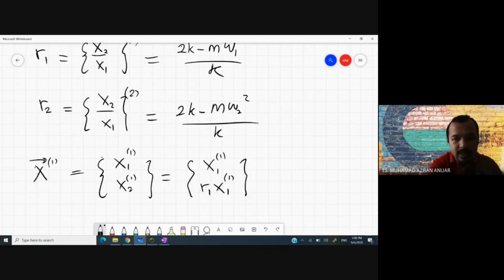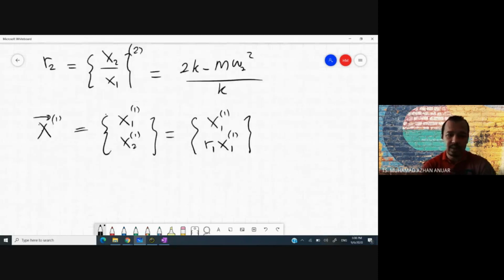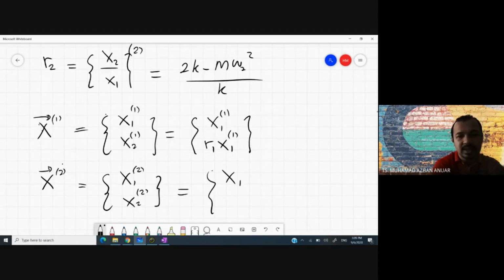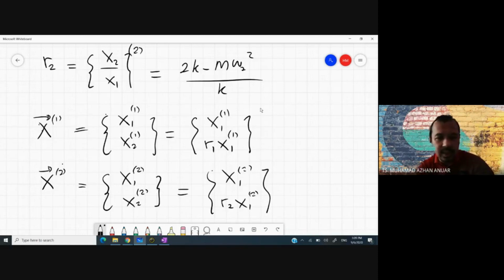That is the representation of the first mode shape. For the second mode shape, we have x1 due to the second natural frequency and x2 due to the second natural frequency, or x1 and R2 x1 due to the second natural frequency. All the representation is in the form of x1, with the amplitude ratio values R1 and R2, so it's easy for us to get the solution later on. That is the mode shape.